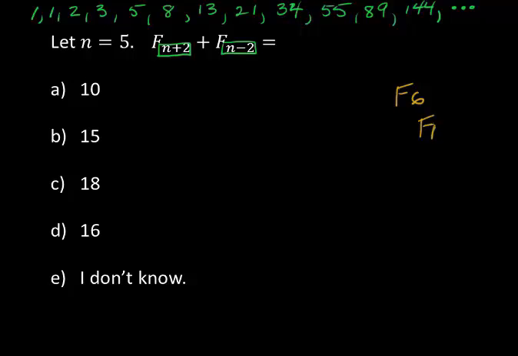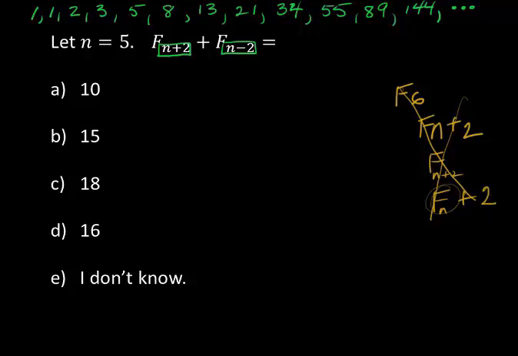A student might write this and then something like that. Well, I can't tell if that is F sub n plus 2 or F sub n, plus 2. Here the 2 is added to the subscript, and here the 2 would be added to the nth Fibonacci number. So be very, very careful with your notation.